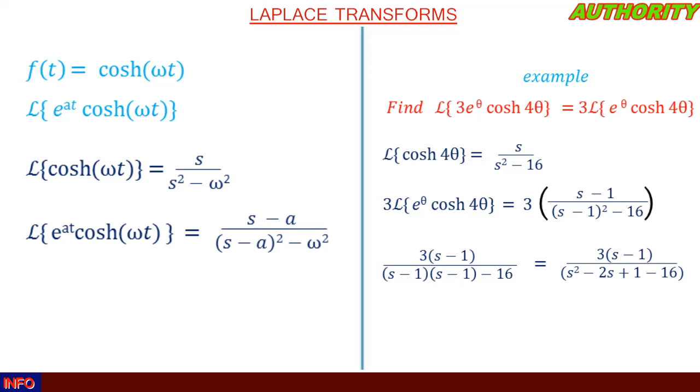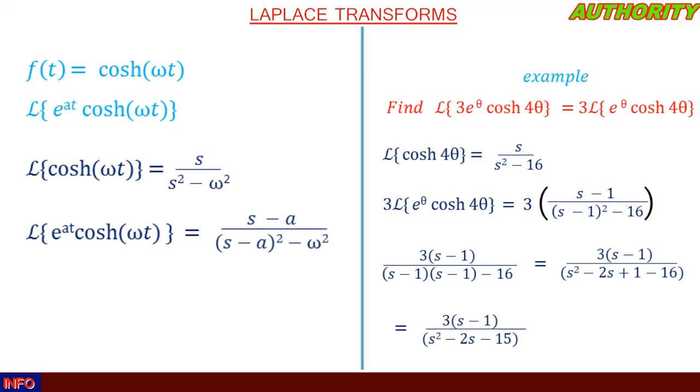So when you simplify, it's going to give you 3 times s minus 1 all over s squared minus 2s minus 15. So the Laplace transform of 3e raised to the power of theta, cosh 4 theta, gives us 3 times s minus 1 all over s squared minus 2s minus 15.